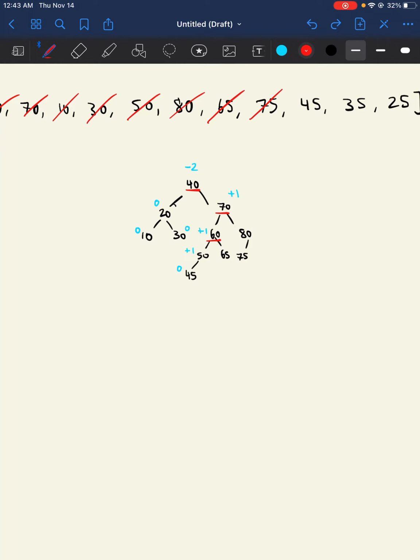So let's go ahead and draw our boxes of what a tree A is. So this is going to be tree A. Now let's see what tree B is.